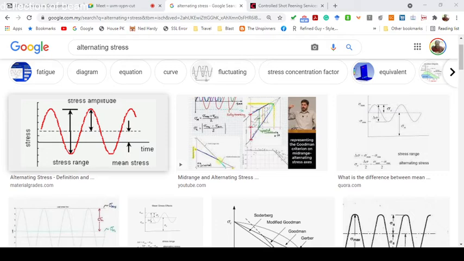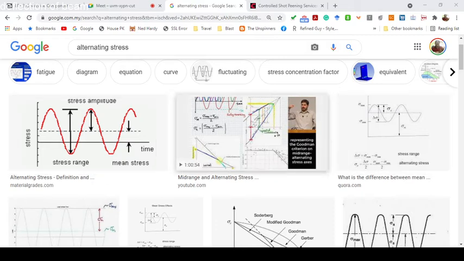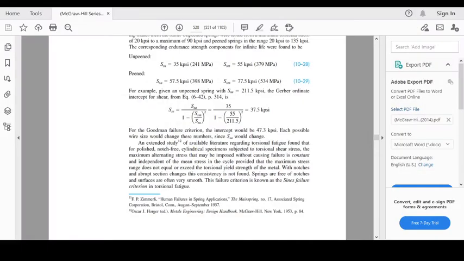If we translate it into a graph, it becomes a sine graph like this. This is the mid-range stress represented by SM, where the M is for mid-range. This is the stress amplitude, and we have maximum and minimum like that.